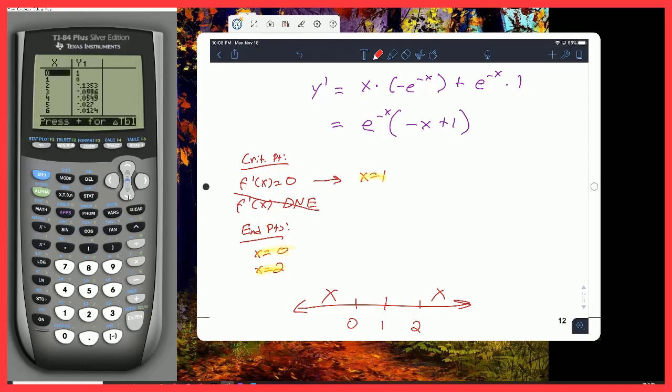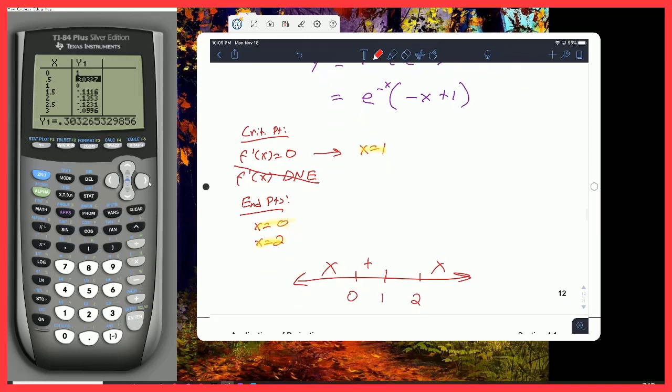In between 0 and 1, I've got to get into fraction world. Let's go up by 0.5s. So in between 0 and 1, at 0.5, I'm at a positive value. So positive goes here. Then in between 1 and 2, which is like 1.5, I'm a negative value. And then I know that beyond 2, I am ignored.